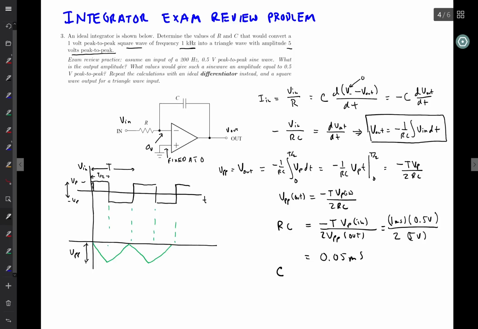So I will choose a capacitor equal to 0.01 microfarads, and that gives a value for R of 5,000 ohms, and the nearest standard one is 5.1 K. So that R and this C would give me what I want.